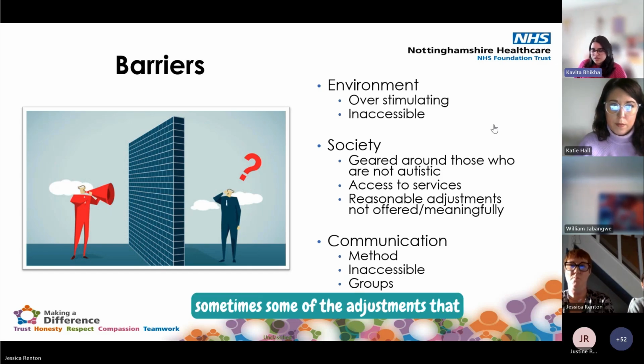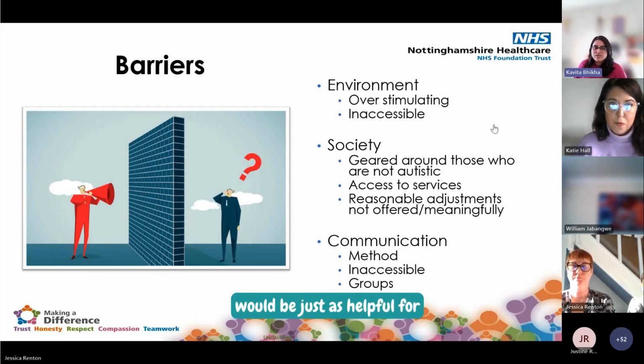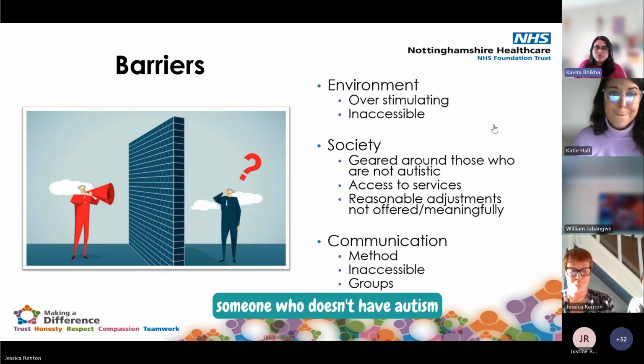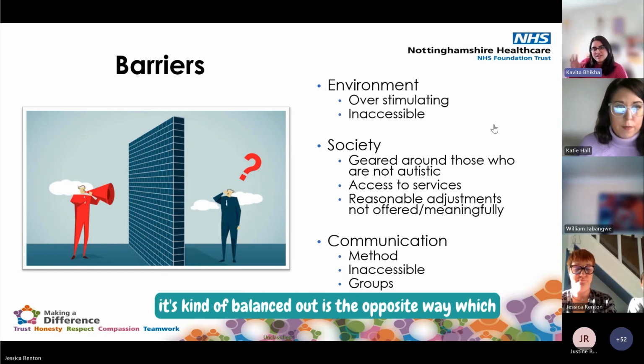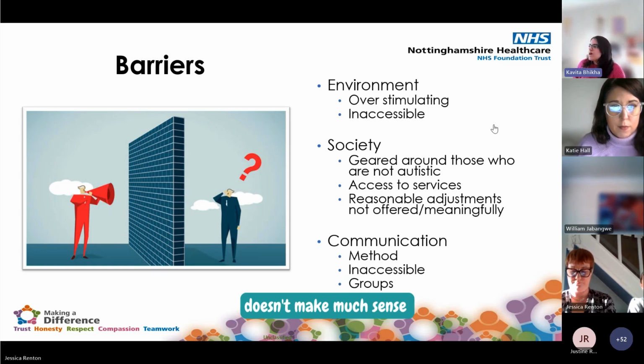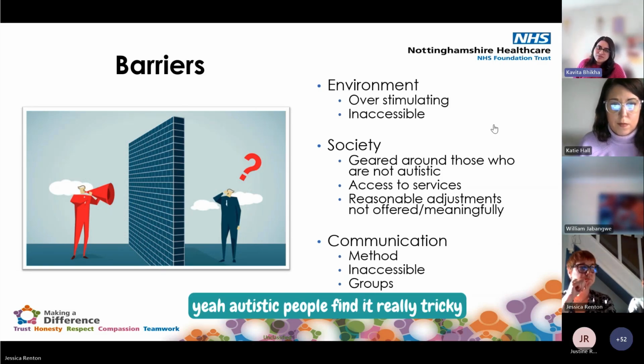Sometimes some of the adjustments that may be needed for autistic people would be just as helpful for someone who doesn't have autism. But the way that it's balanced out is the opposite way, which doesn't make much sense. And just thinking about access to services, autistic people find it really tricky.